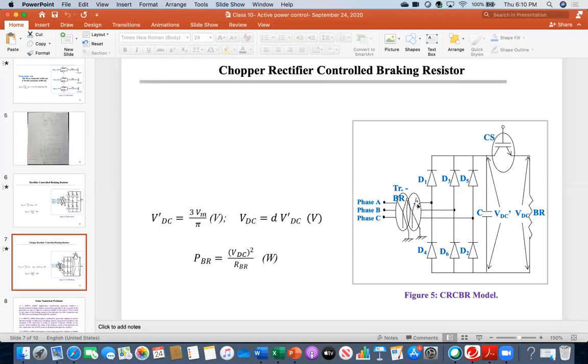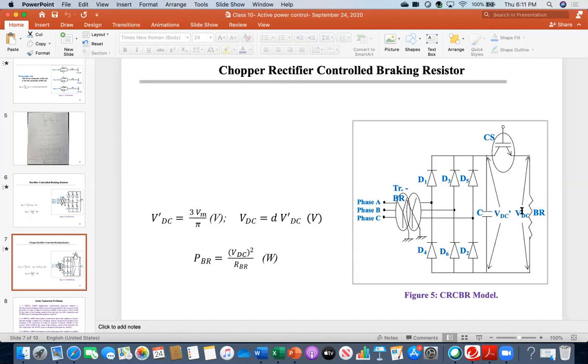First, you are converting AC into DC, and you need to get a smooth DC, that's why you are putting a capacitor. After that, this CS is the chopper circuit. You just need on and off control, duty cycle control, of the chopper circuit. Meaning this is DC to DC control, because this portion is already DC. This is called chopper based control.